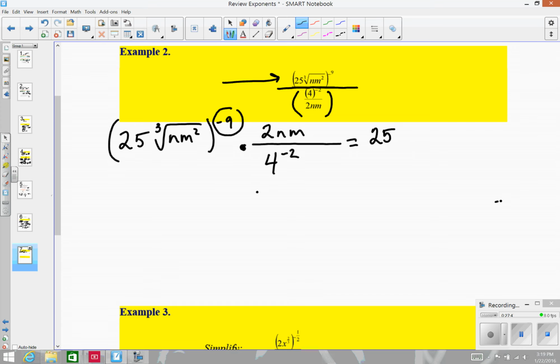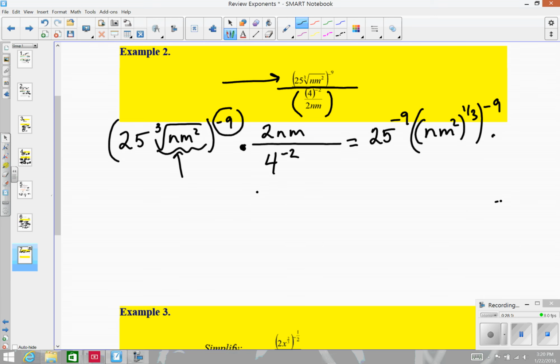Please be aware that's the cubed root coming up after that. So I've got 25 to the negative ninth power. And then I'm going to write this radical as an exponent of 1/3. So I've got nm squared to the 1/3, all being raised to the negative ninth power.